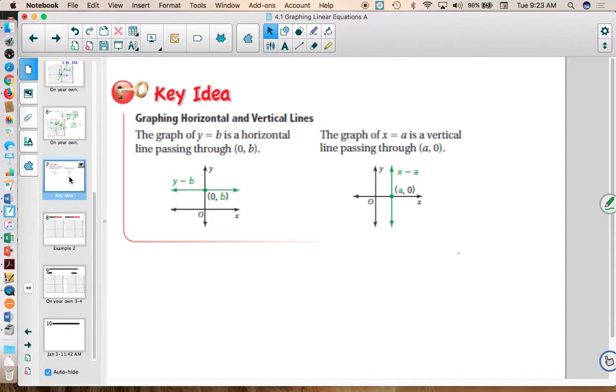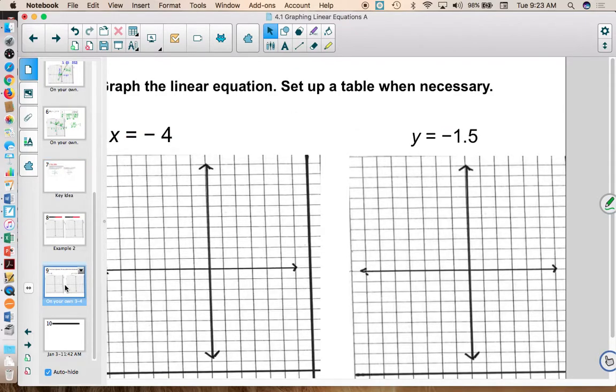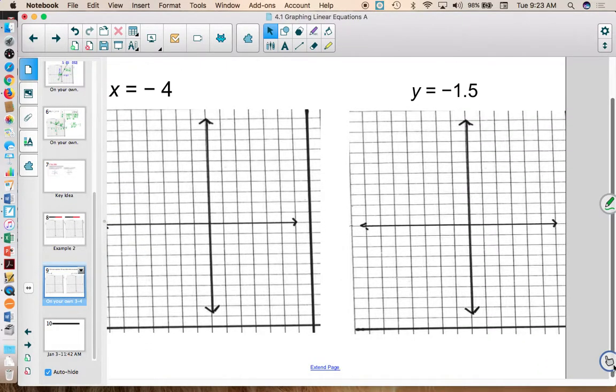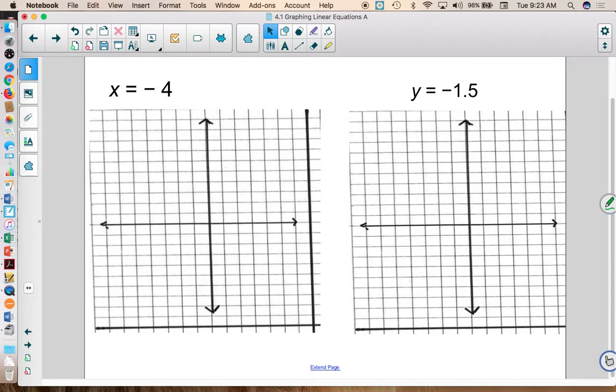Okay. Now, let's just go straight to this one. I want to graph x equals -4. Find a point on your line where x would be -4. If I say this is -2, -4, -6.